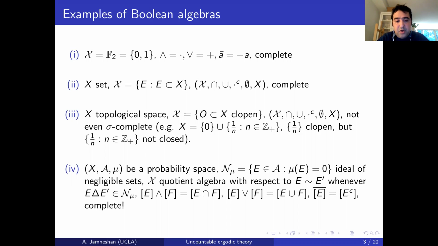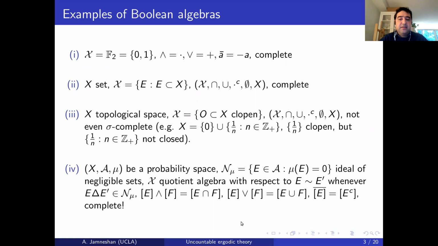Okay, so the example which will be most important for us is what is called the measure algebra of a measure space, and here we focus on probability spaces. Suppose you are given a probability space and now form the set N mu, which is all null sets already included in the sigma algebra A. That's an ideal in the Boolean algebra.